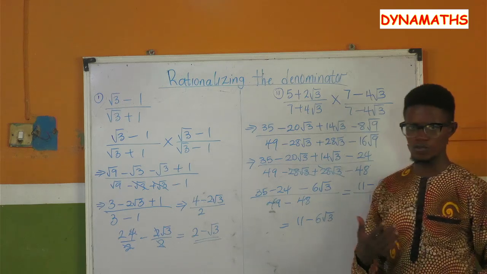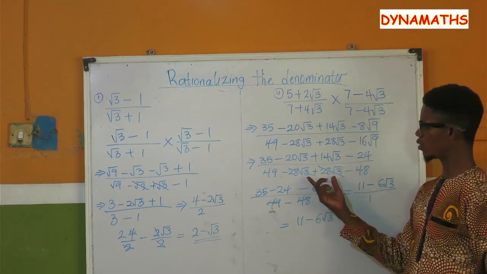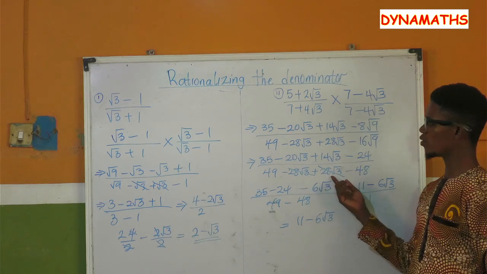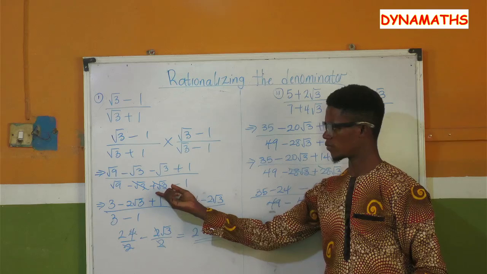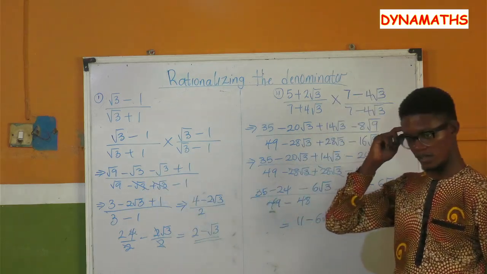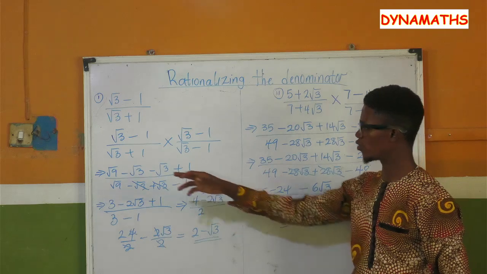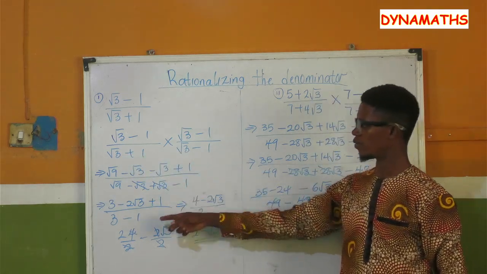One thing that I want you to note is that when we are multiplying the value of the denominator, you find out that the two middle values will always cancel out. You can see here and in this case. So what you can simply do, if you find yourself time constrained, is just to multiply this by this and this by this to get the values of what will be left.